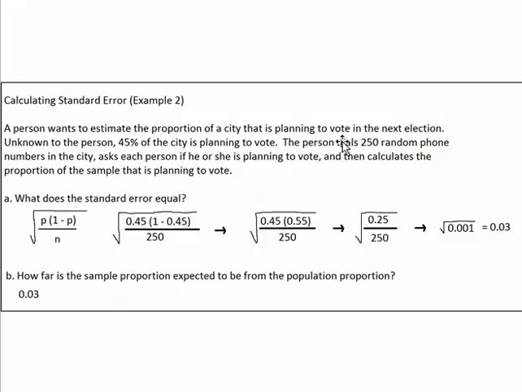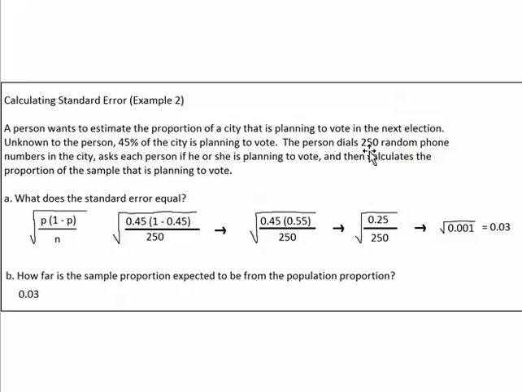The person dials 250 random phone numbers to get a sample of 250. The person asks each person in the sample if he or she is planning to vote, and then calculates the proportion of the sample planning to vote. In other words, the person calculates the proportion of people that are planning to vote within the 250.